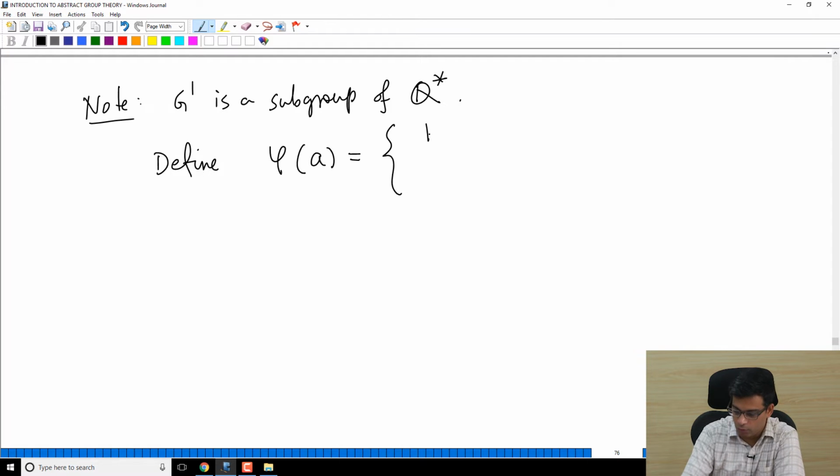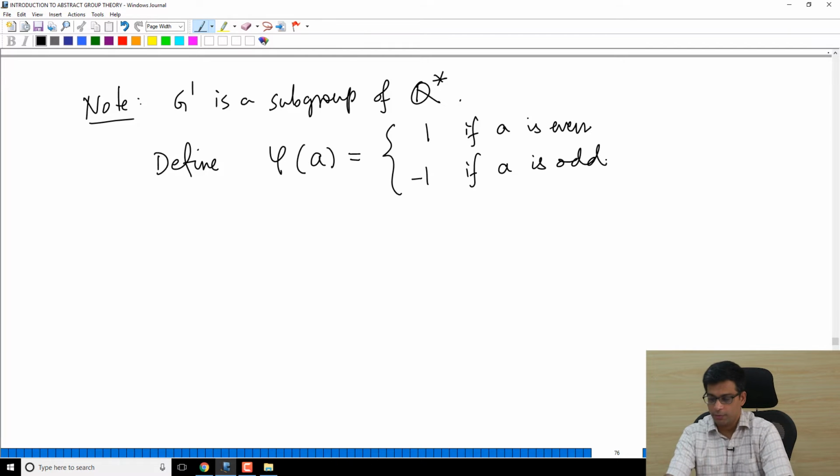Let's define it to be 1 if A is even, and if A is odd, I define it to be minus 1. So phi of A is simply going to keep track of whether the number A is odd or even. If it's even, we send it to 1. If it's odd, we send it to minus 1. So it's a function from the integers to the set {1, minus 1}.